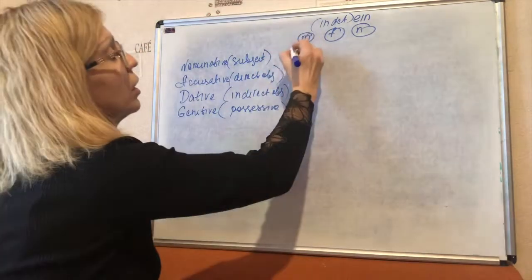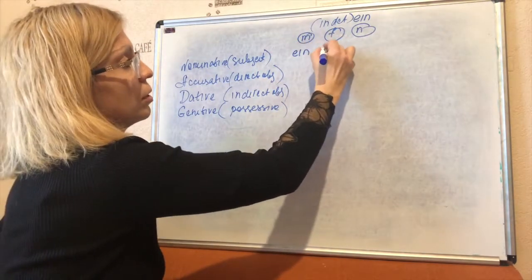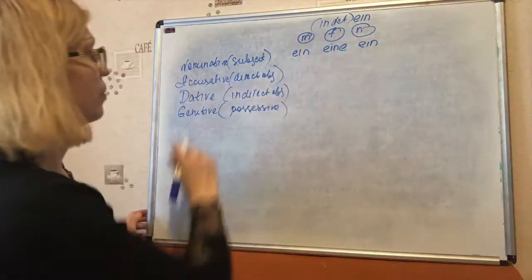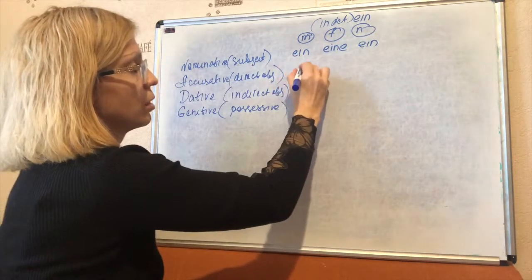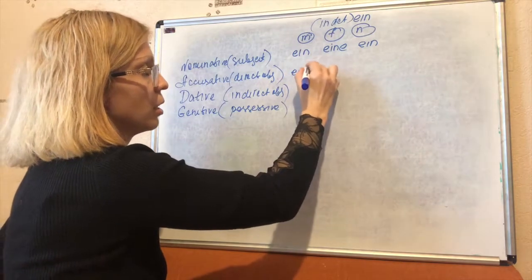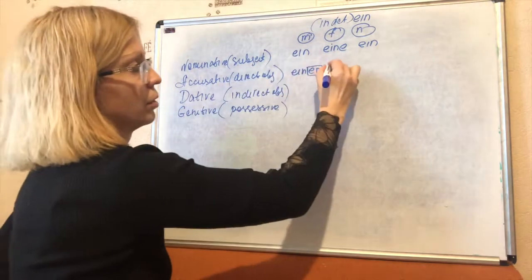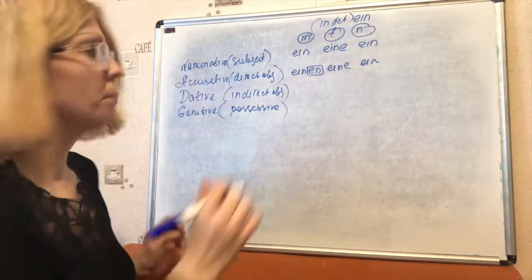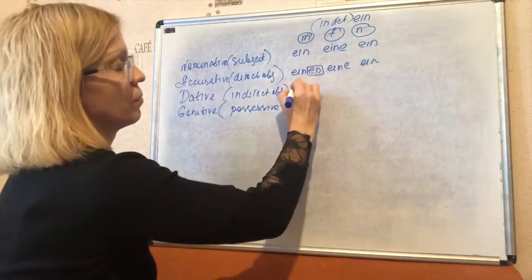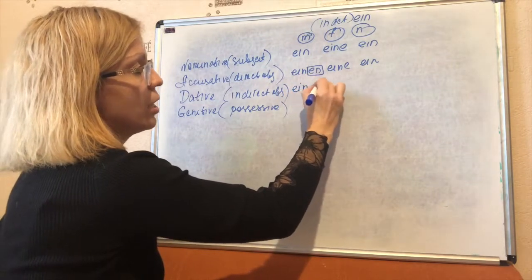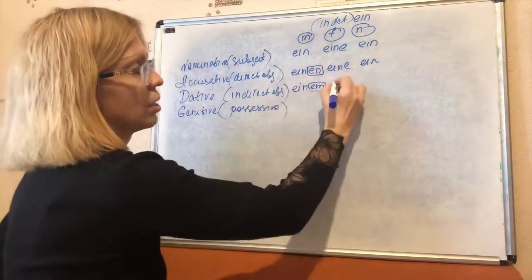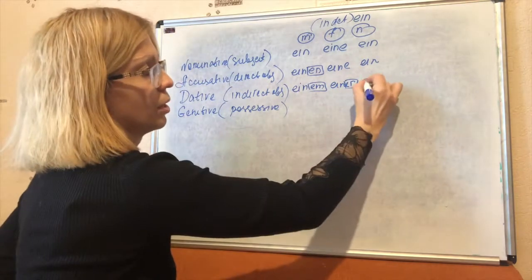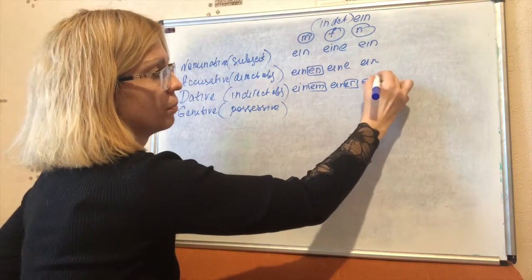Here will be ein, eine, ein. Accusative case: einen, the same, eine, ein. Okay? The next, dative case: einem, einer, einem.